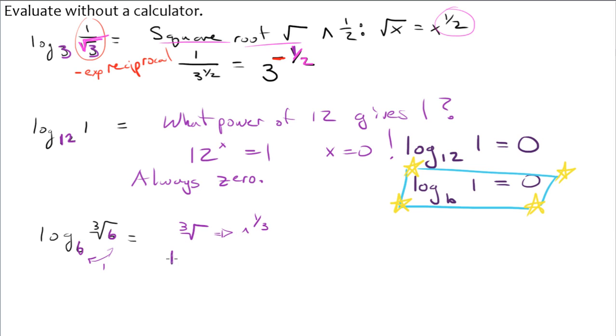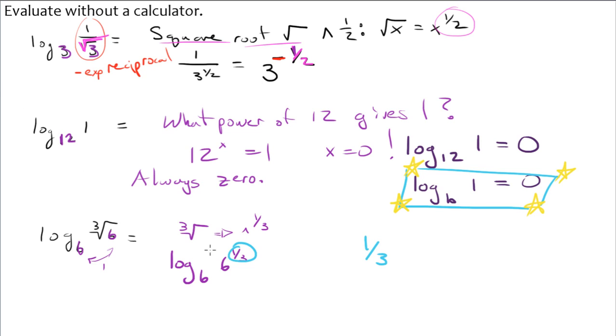So this is the log base 6 of 6 to the 1/3. So what power of 6 is 6 to the 1/3 power? It's answering its own question. And this is our answer, 1/3.